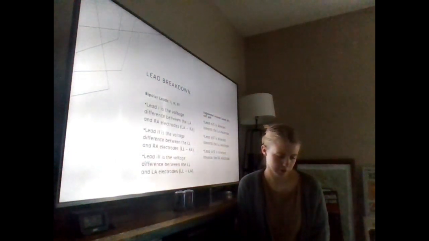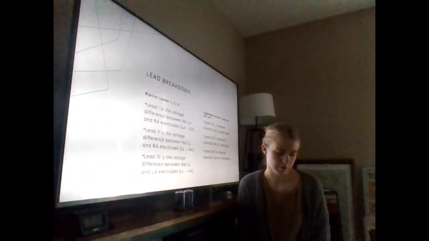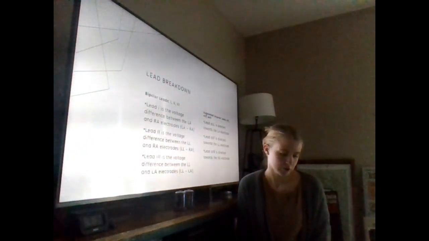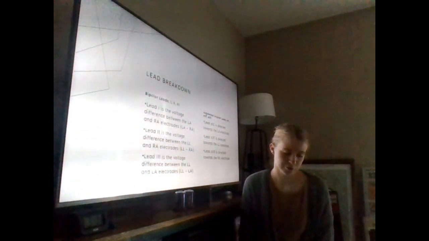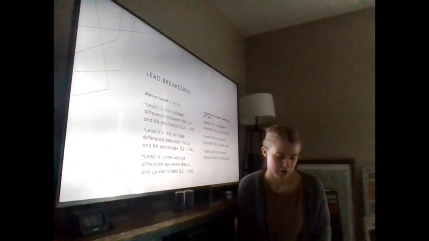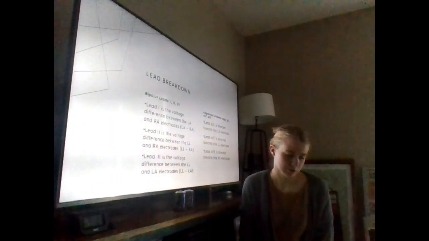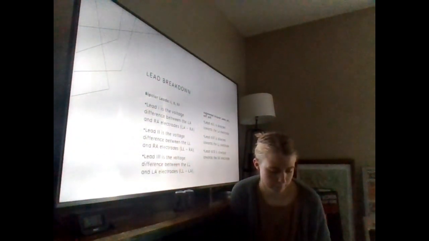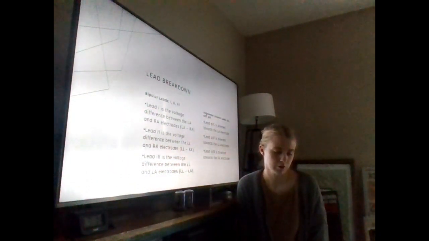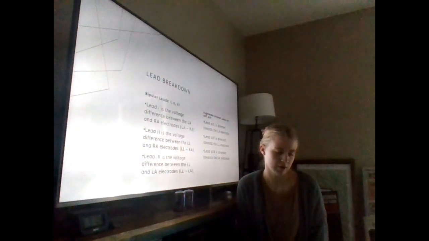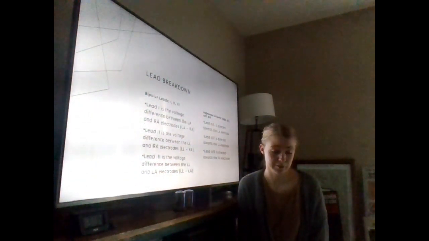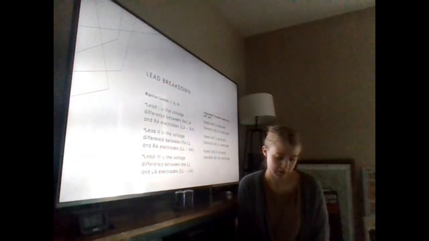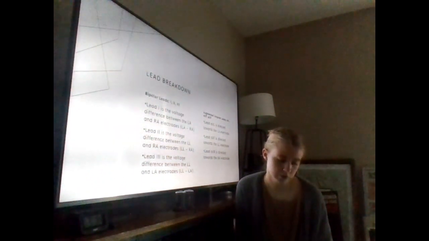So lead 1 looks at the lateral wall of the left ventricle. Lead 2 views the inferior surface of the left ventricle. And lead 3 views the inferior surface of the left ventricle. Your AVL, or your augmented vector left lead, visualizes the left lateral wall of the heart.